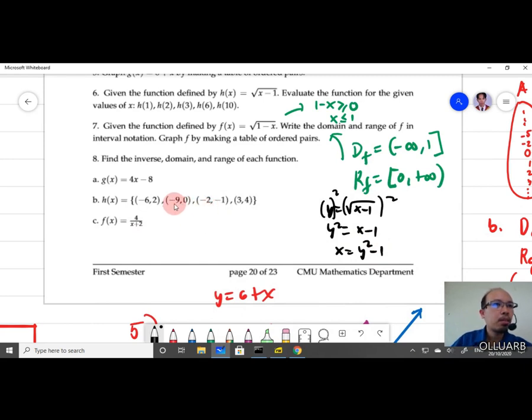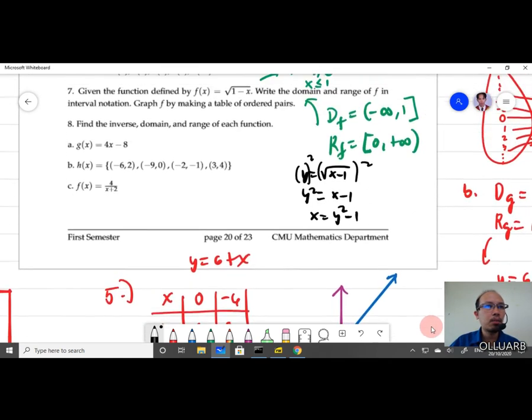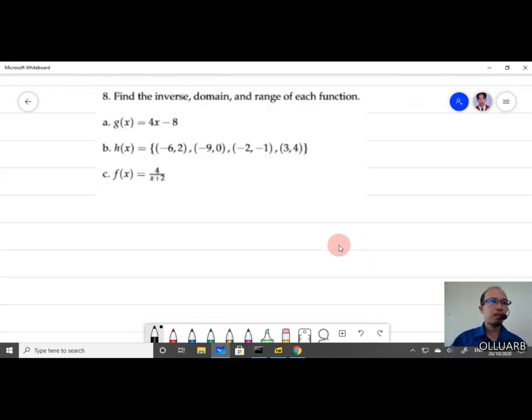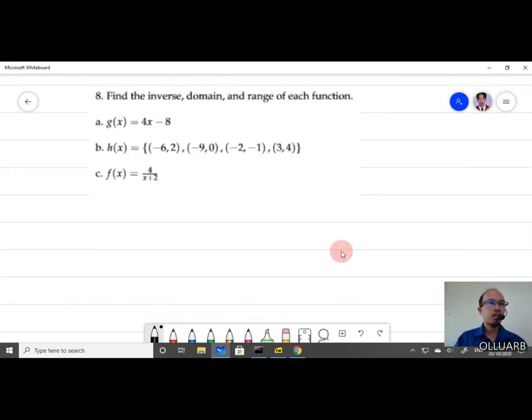So for number 8, let's try to move this downward. Okay, for this problem number 8, you are going to find the inverse, the domain and range of the function.